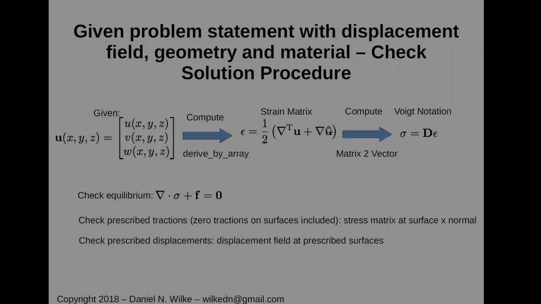Okay, so this was that symmetric part. The spin part of the displacement gradient does not contribute towards strain. It just contributes towards a rigid body rotation. That's why we don't care about that. And it indicates all of this is small strain assumptions and small rotation assumptions. Okay, so there's the strain matrix.